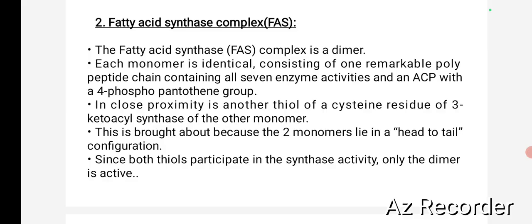In close proximity is another thiol, of a cysteine residue of the 3-ketoacyl synthase of the other monomer. This is because the two monomers lie in a head-to-tail configuration. Since both thiols participate in the synthase activity, only the dimer is active.